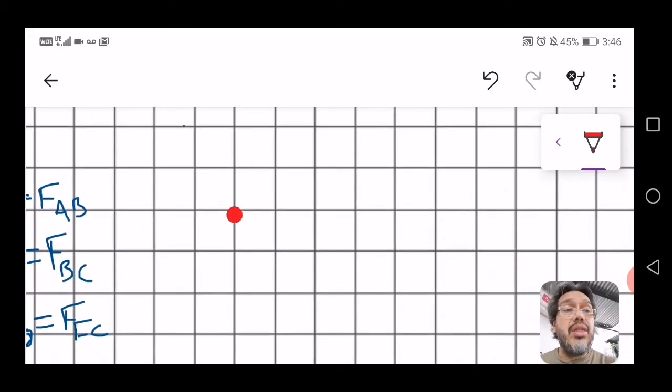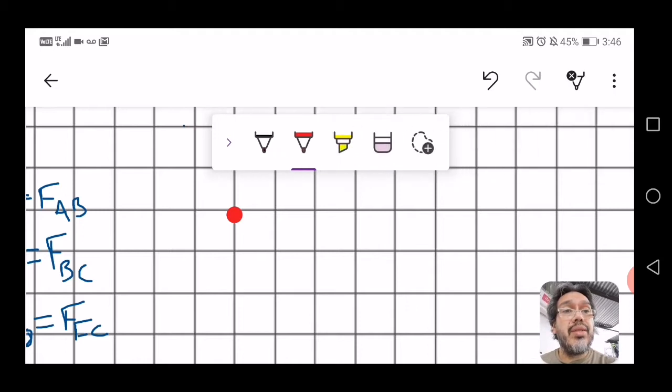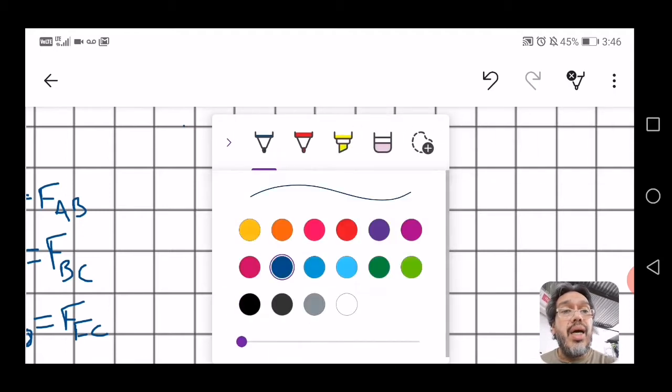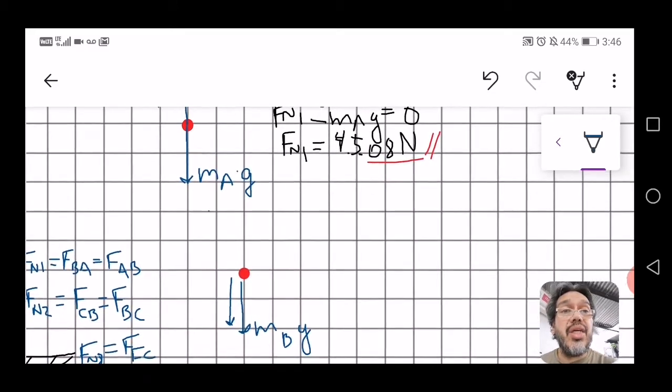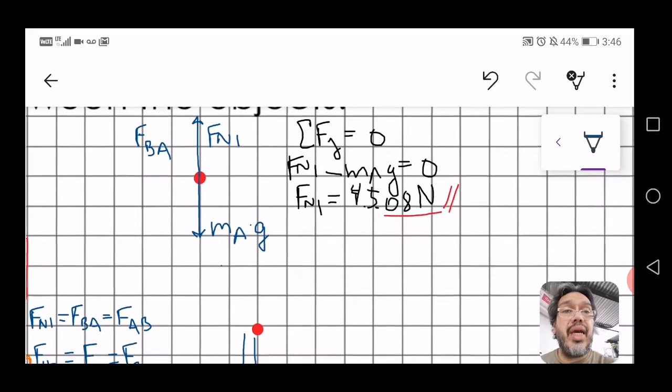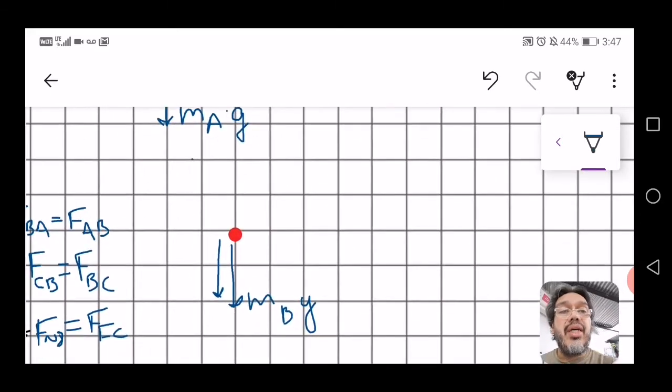So here is your block, and you have gravitational force, mass B times g, and because you have F_BA upwards, then you have F_AB downwards.